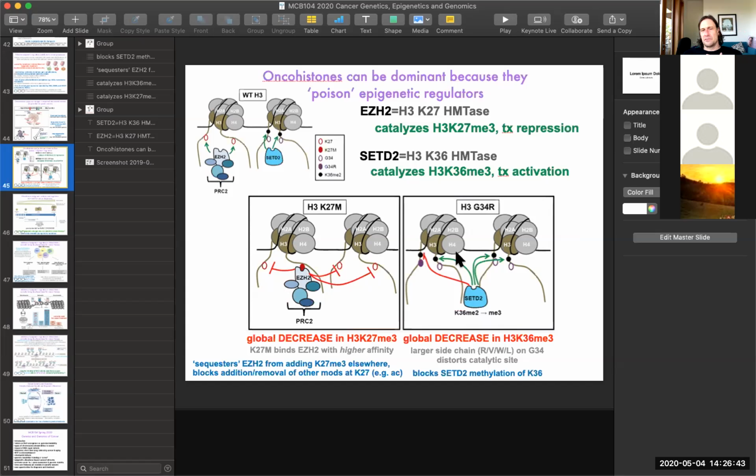And so you can understand that a little better in the context of what we discussed a couple of months ago, way back in January and February.